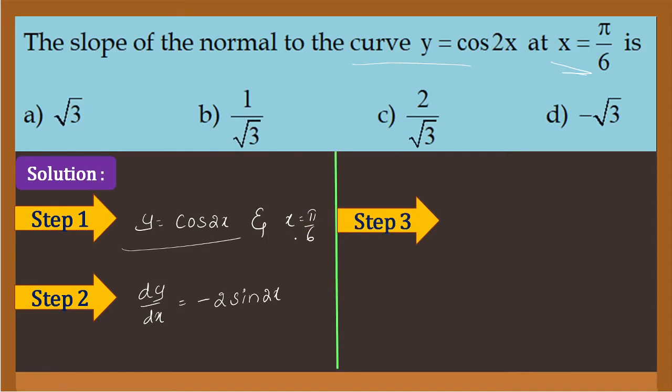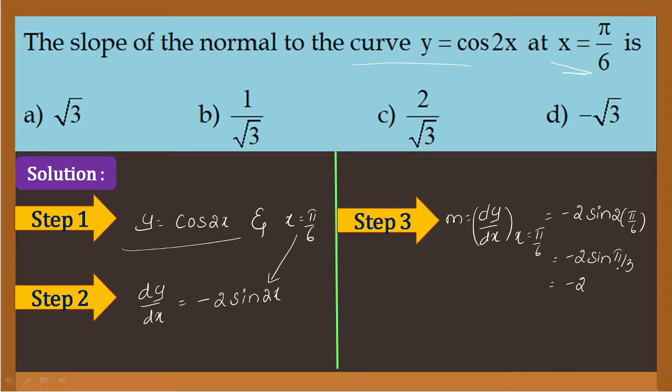Now, substituting x equals pi by 6 in this, we get the slope of the tangent m is equal to dy by dx at x equals pi by 6 is equal to minus 2 into sine 2 into x is pi by 6 is equal to minus 2 into sine pi by 3 is equal to minus 2 into, we know that the value of sine pi by 3 is root 3 by 2. Here 2 get cancelled. This equals minus root 3.